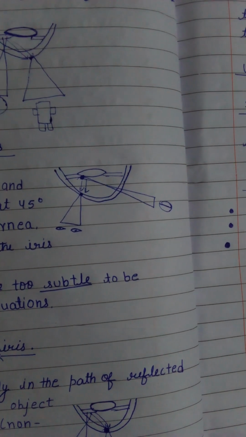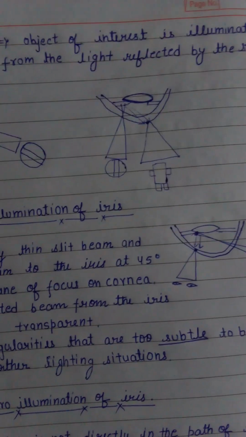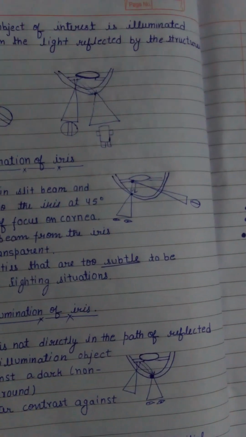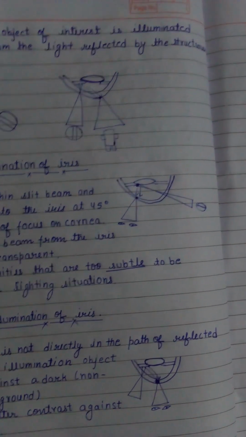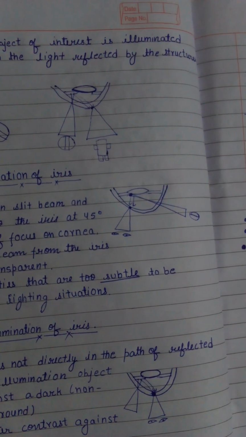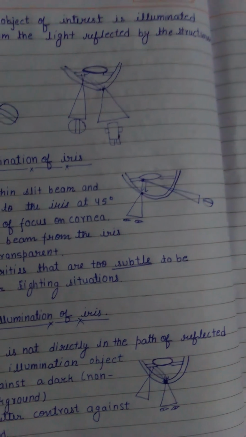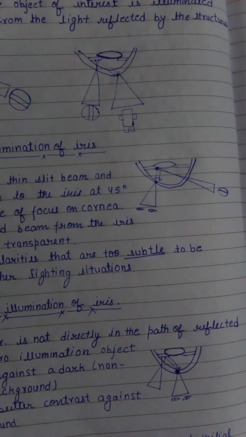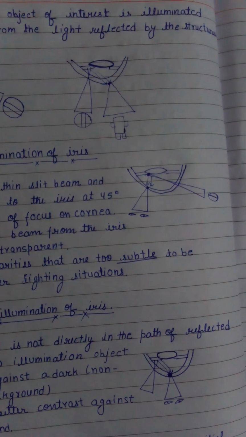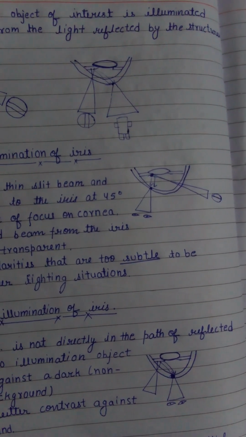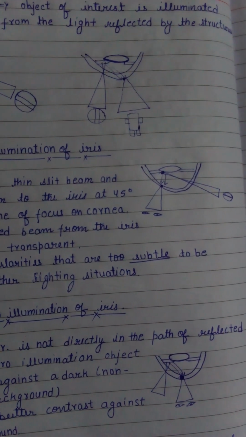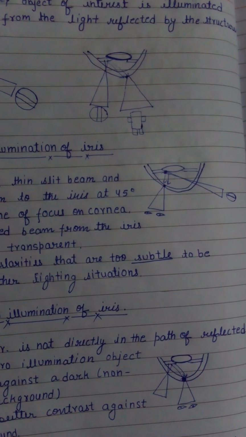In the first picture, with a dilated pupil, we project light from the periphery of the pupil and observe the reflected light rays coming from the retina, and we can see the entire detail of the lens. This type of illumination is used to examine the lens structure completely.